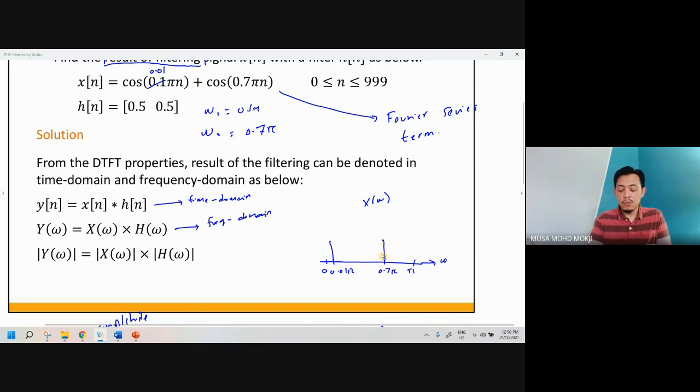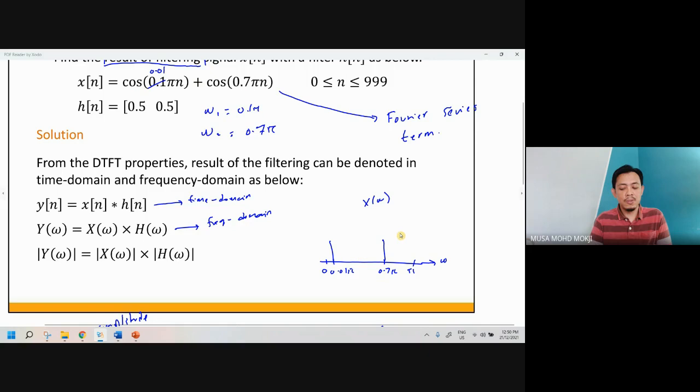We have these two frequencies. So this is x[n]. If you plot it in the frequency domain, we should see two peaks, one at 0.01pi, another at 0.7pi. Then at the output, we need to see whether these two frequencies will be preserved, removed, reduced, or maybe increased.